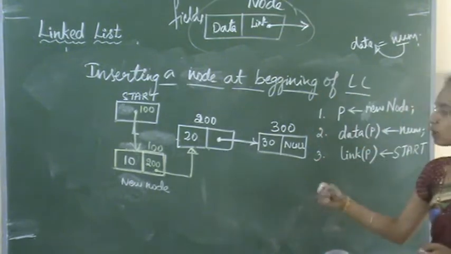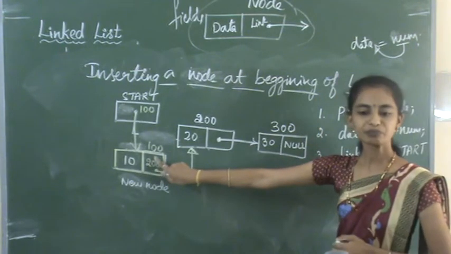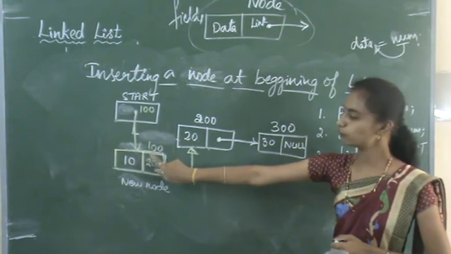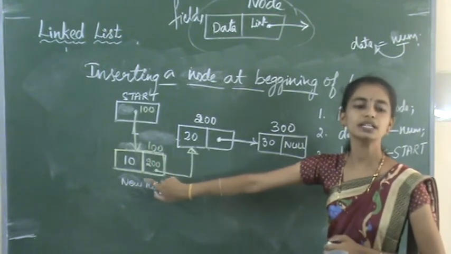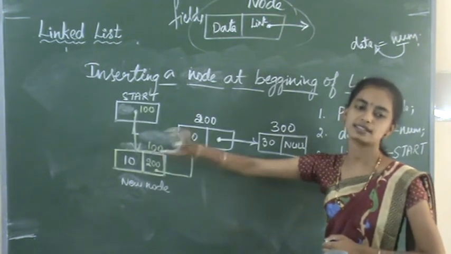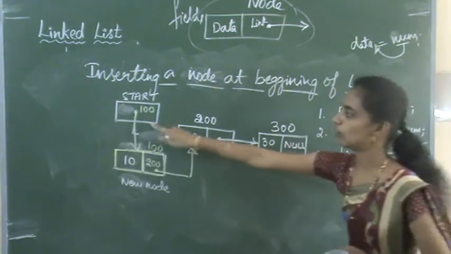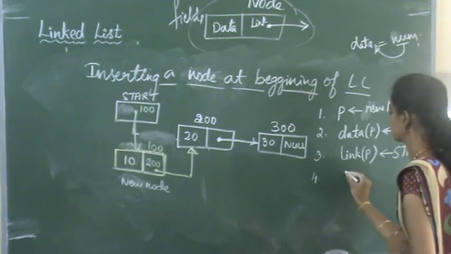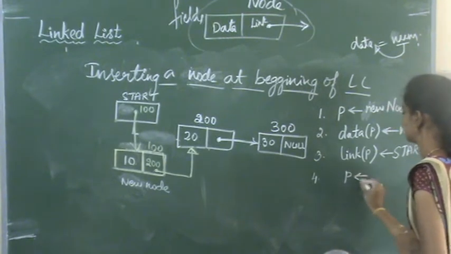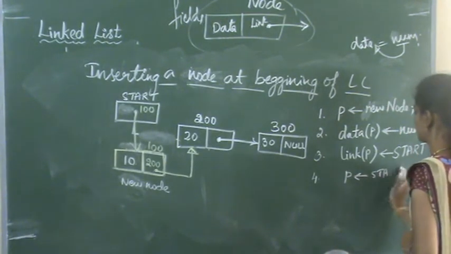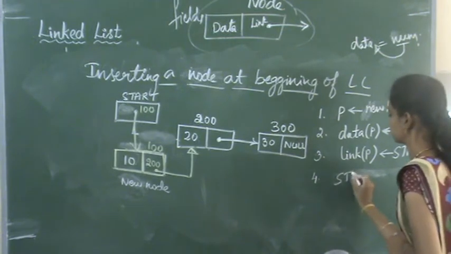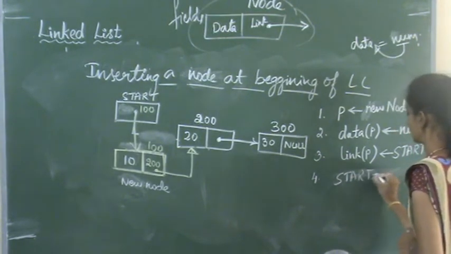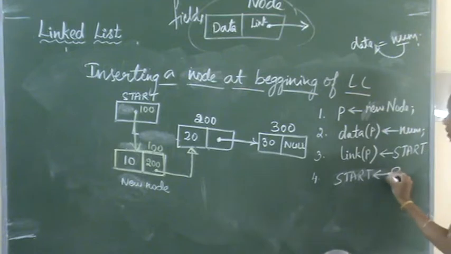So after this, I have to make this P, the newly inserted node, the starting node, right? I have to change this address. So for that, P becomes the starting node.